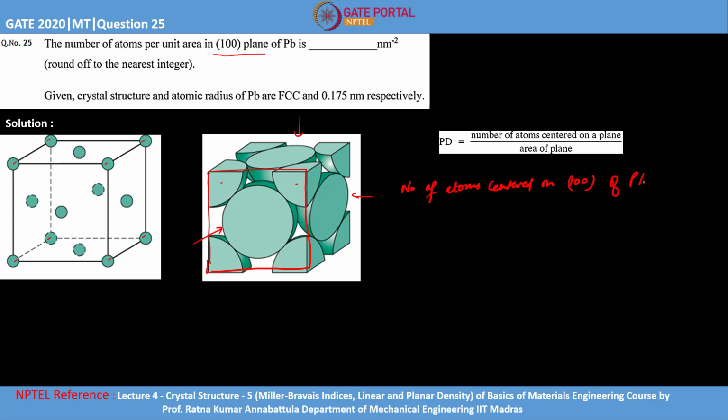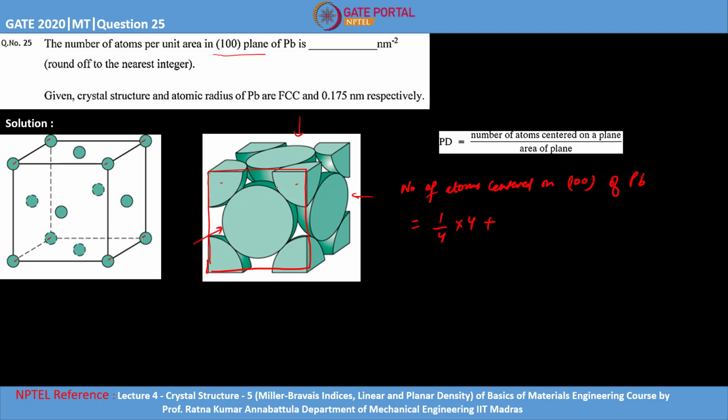of lead, right? So basically we have 4 corner atoms with the contribution 1/4, so 1/4 of corner atoms, and we have total 4 corner atoms. So the effective number of atoms covering this plane from the corners is 1/4 from each and total 4. So 1/4 into 4 plus this face centered atom, right?